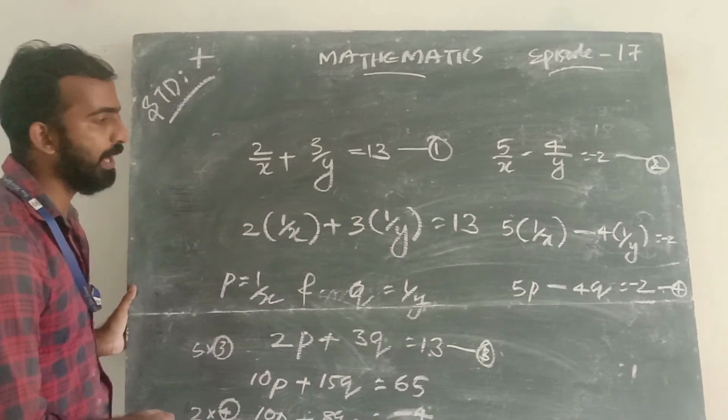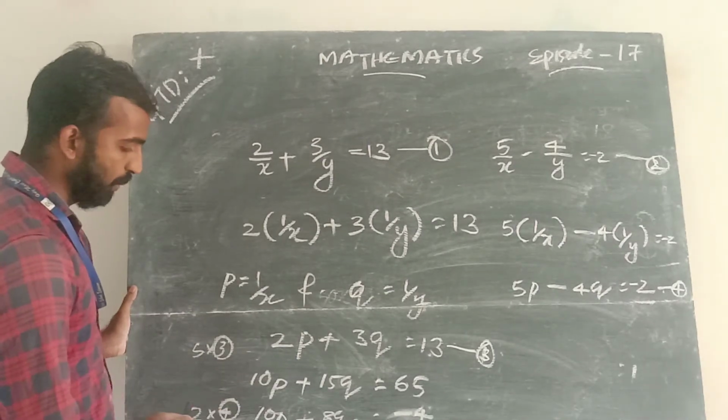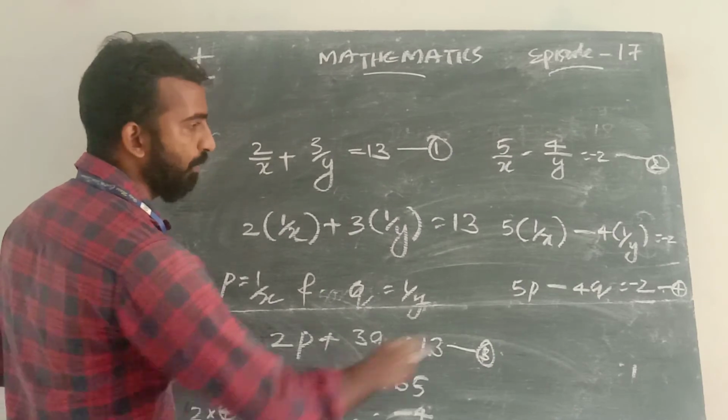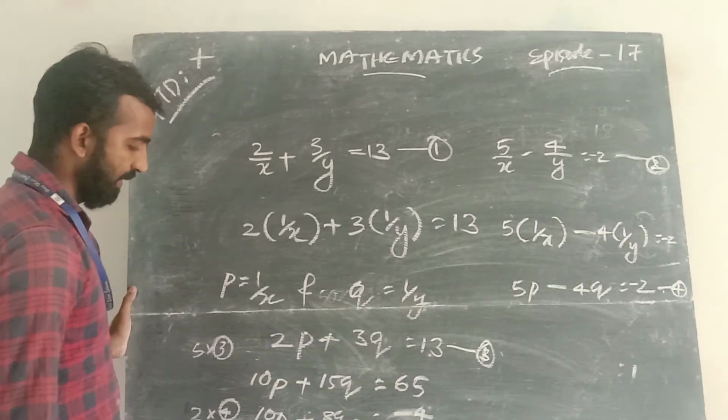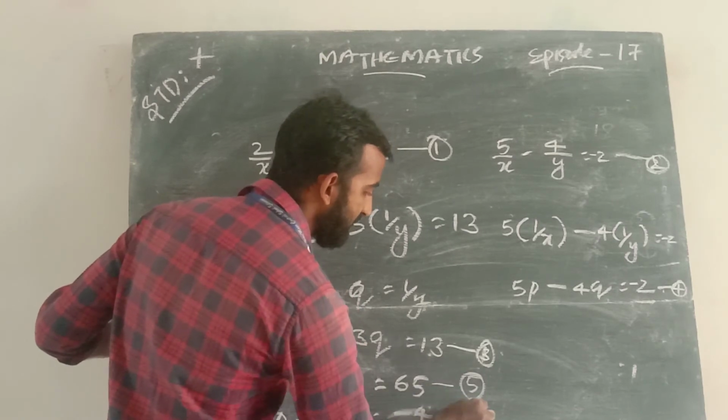That is, 2 into 5 is 10p, 2 into 4 is minus 8, and 2 into minus 2 is minus 4. This is equation number 5, and this is equation number 6.